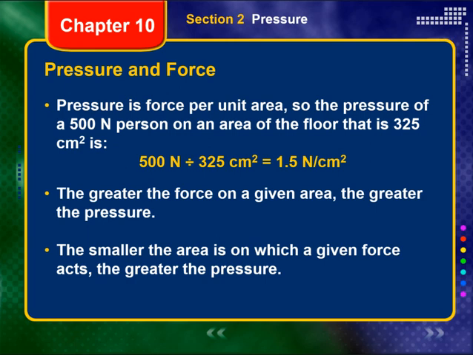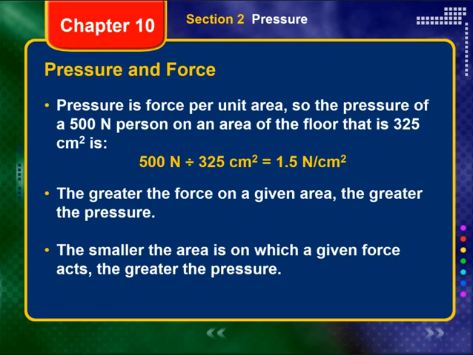We simply divide, because it's force per unit area. That means force divided by area. So we have our force, 500 newtons, and we're dividing by our area, 325 square centimeters.